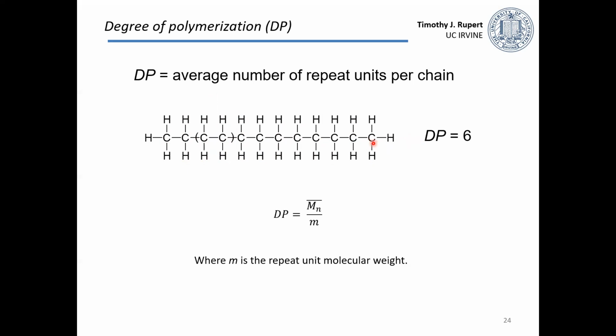Now, this idea of just looking at them and counting them isn't often how we measure that. What we really tend to do is we take our number average of the molecular weight, divide by the repeating unit, and we can get an idea of what the degree of polymerization is.